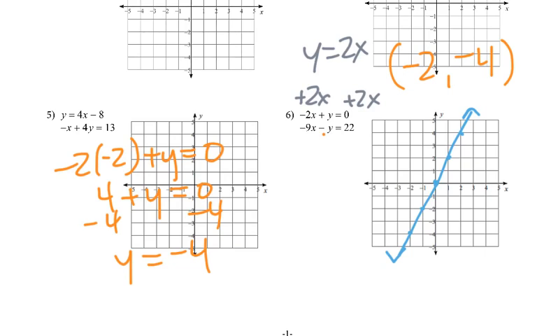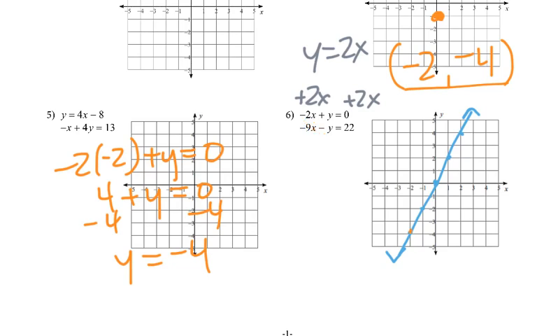we could do the same exact thing, or we could think, well, if I only had the y value, it would be clear up at 22, right? So it'd be way up over here. Okay, now, do I know where they're going to intersect? Yeah, at negative 2, negative 4.